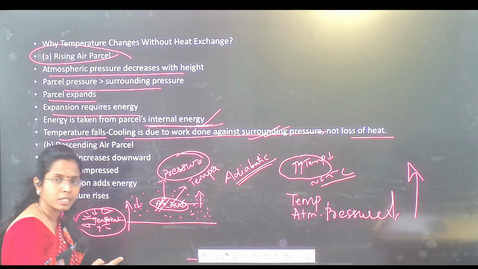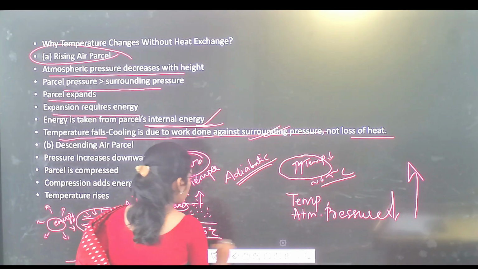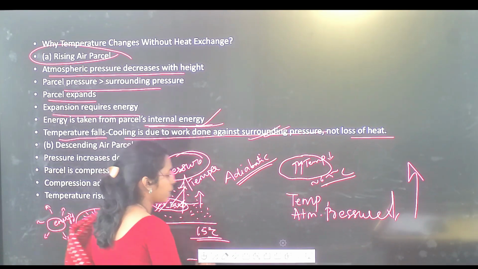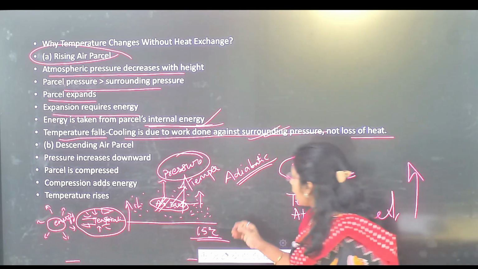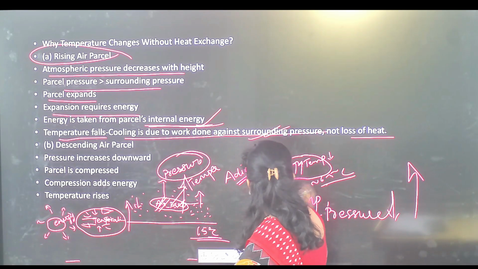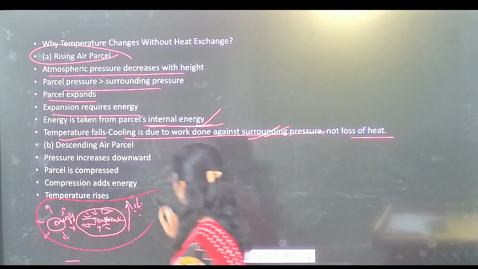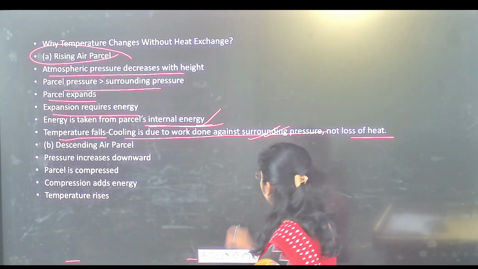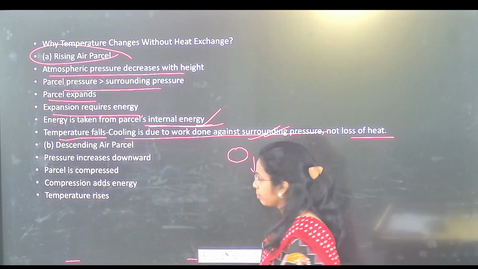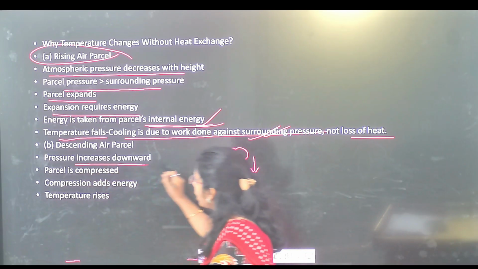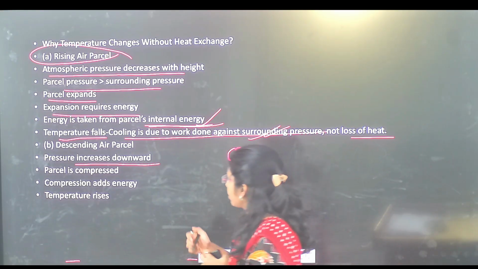Temperature decreases, meaning the adiabatic lapse rate is around 6.5 degrees as this air parcel moves upwards. Next, descending air. Now the air parcel is coming down, descending. Pressure increases downwards.